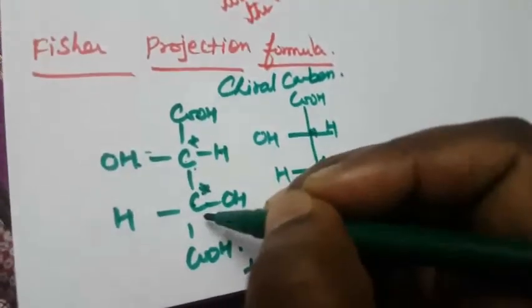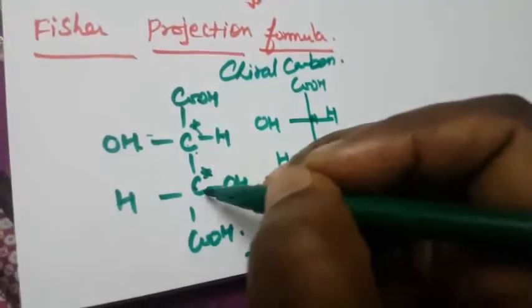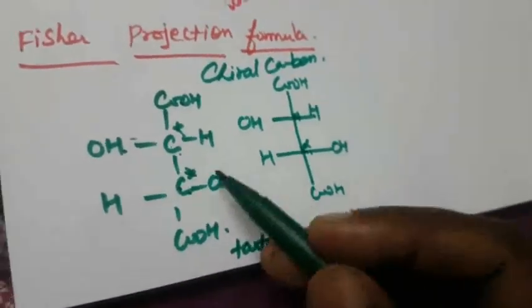So here there are two chiral centers: one chiral center here, and one chiral center here. This is tartaric acid. This is also shown in the Fischer projection formula for tartaric acid. How do we draw the Fischer projection formula of tartaric acid? This is the dotted line, right?